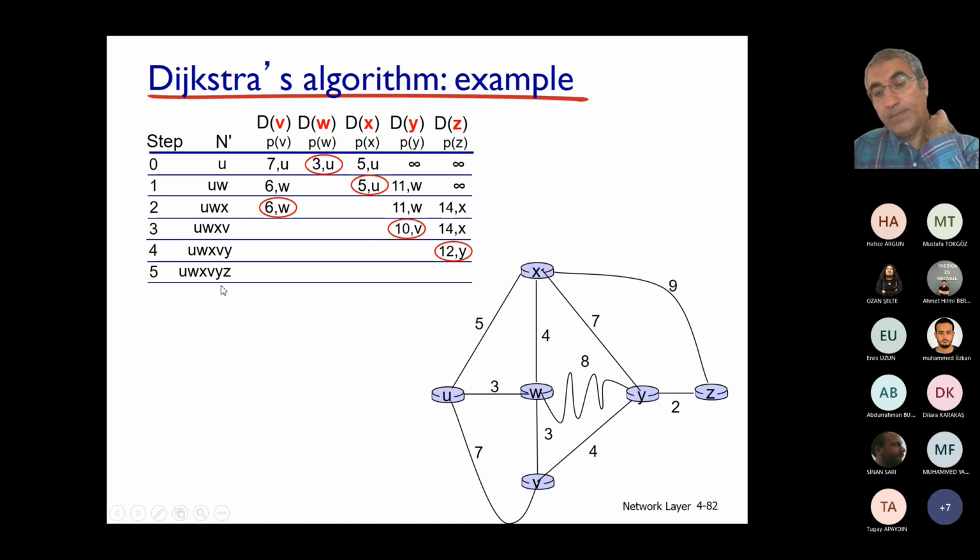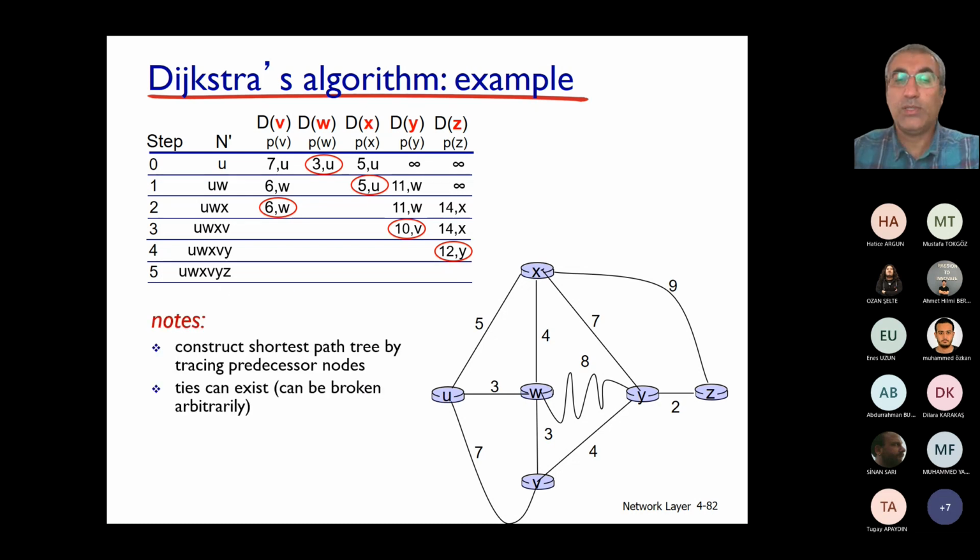The next step is to construct the shortest path based on this table by tracing the predecessor nodes. So tracing predecessors tells us the first node is U. Then we move to W, which is 3.